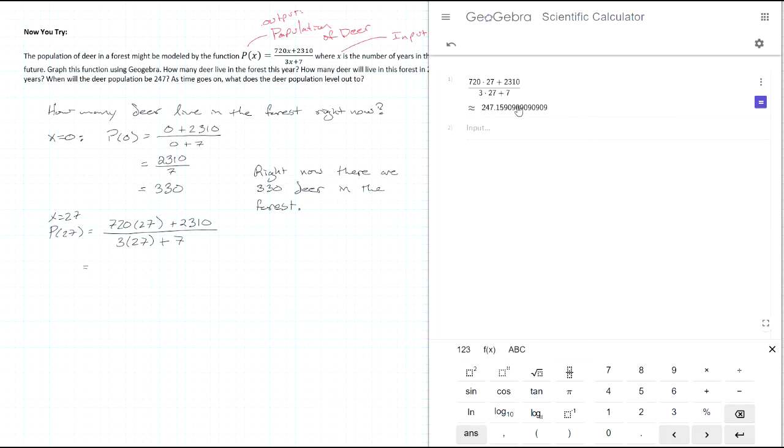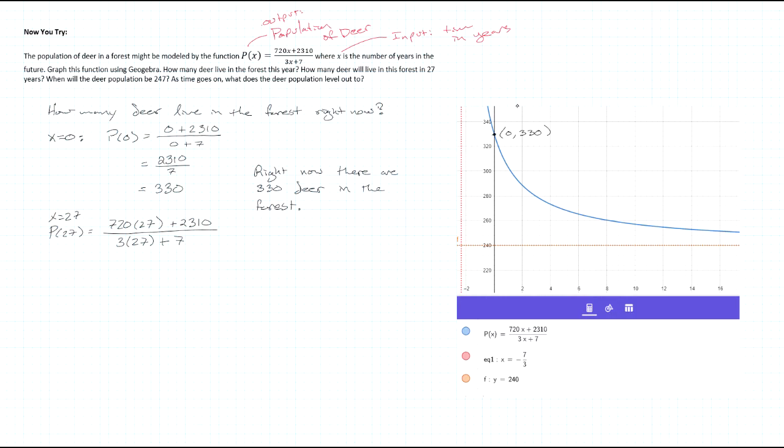That's about 247, right? And we're not going to have partial deer, so we'll say this is just 247. And we can say in 27 years, there will be 247 deer in the forest.